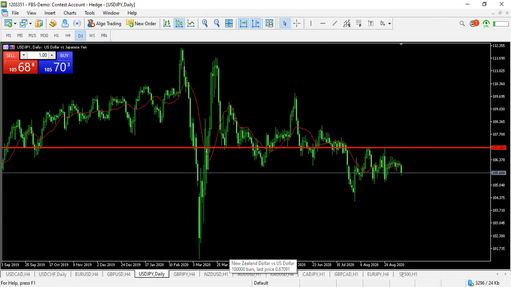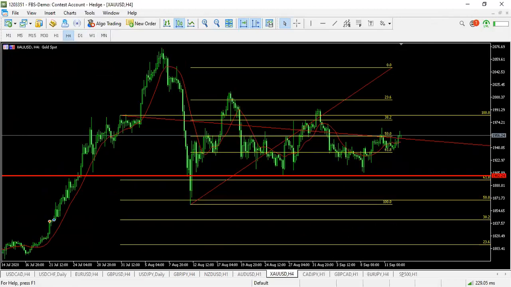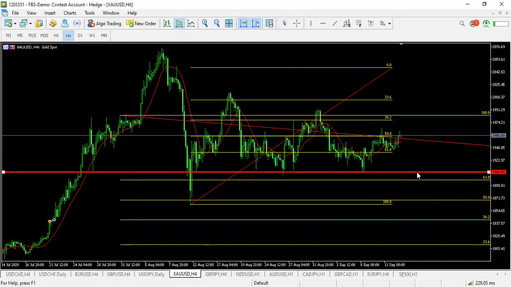So the next one on the list is gold. With gold, the pivot point is still the same as last week's, at 1097 zone, which we got in last week here, and we took some profits up here.